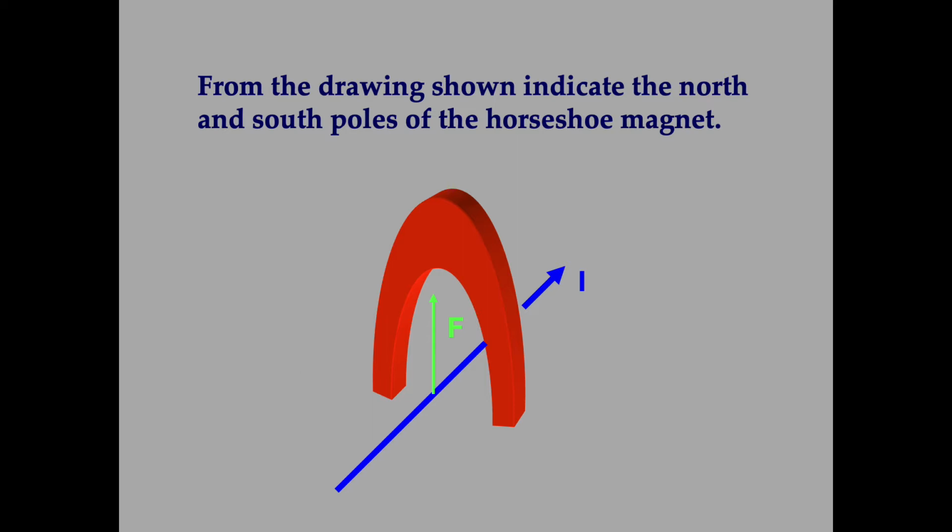The force on that wire is upward, and we want to write down which side is the North Pole and which side is the South Pole of that magnet. So I'll give you a minute. I'm going to draw the picture while you're looking at that picture.